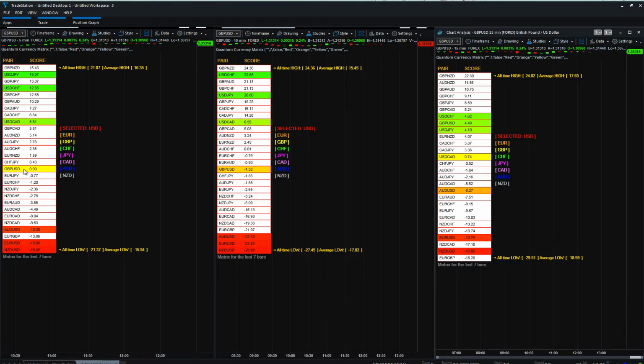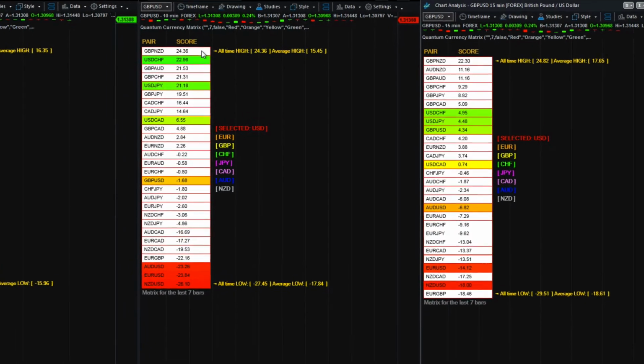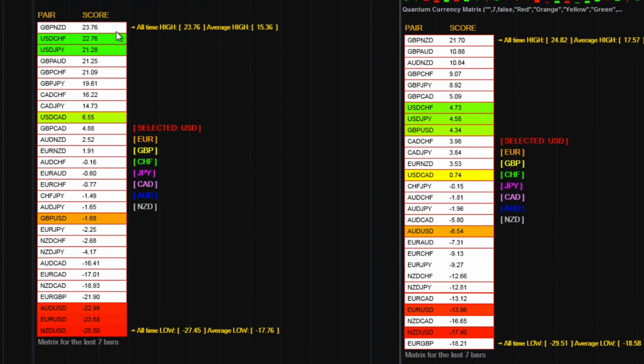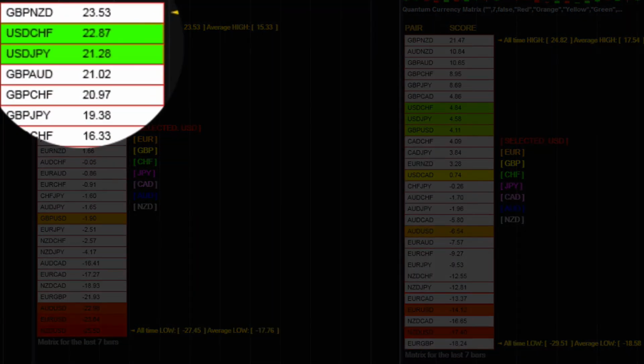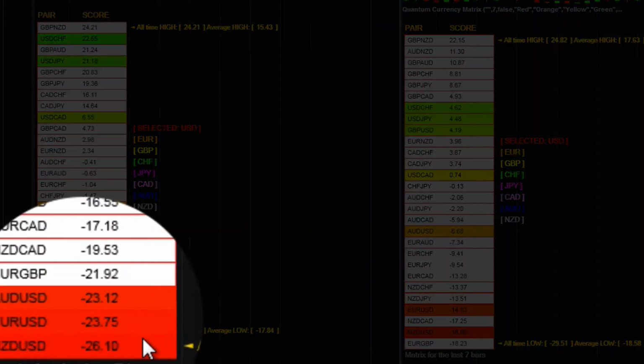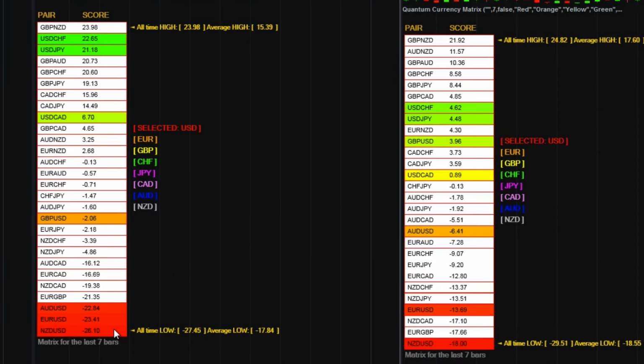Now the other aspect of the indicator is when you look at the data per se, you look at the tops and bottoms. So here, for example, we're around the sort of 24, and here we're down at 26. So in other words, the bullish and bearish sentiment is more or less equally balanced.